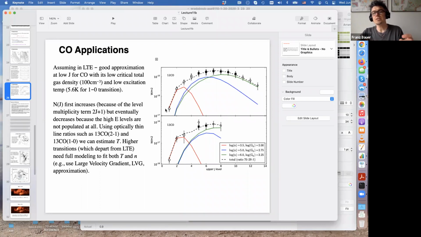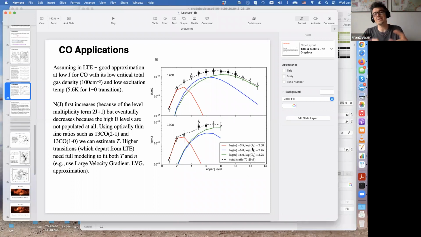Based on the excitation, and also this G value right here, I want to say it has to do with the intensity of the field, but I'm blanking on exactly what G is here.